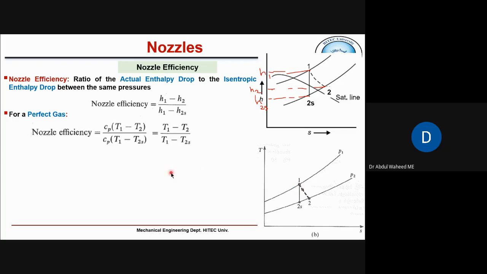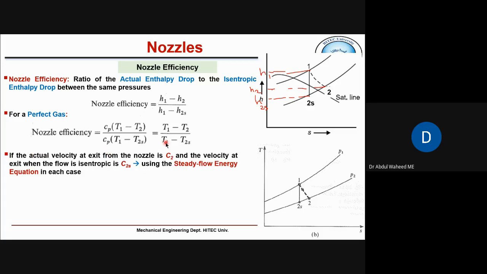Similarly, now we can also define this nozzle efficiency in terms of velocities also, because as we already know, for the exit velocity, we have represented by C2 for actual velocity and C2s for isentropic velocity. So just like temperature and enthalpy, now we can also show velocities as actual velocity at exit divided by isentropic velocity at exit.